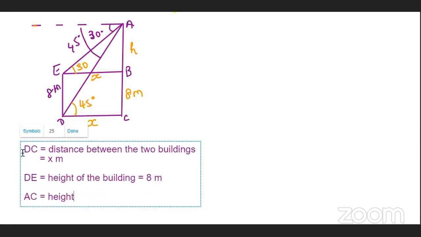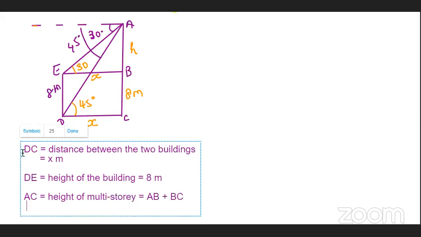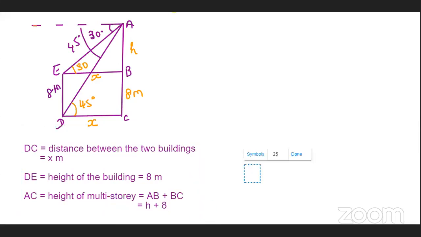AC is the height of the multi-story building, which is AB plus BC. And that is equal to H plus 8, or 8 plus H, whichever you want to write. Now I'm just going to draw the two figures. One is 30 degrees and the other is 45.